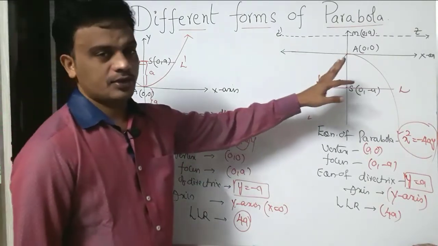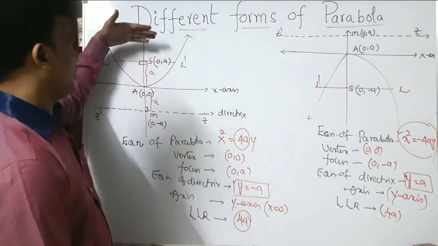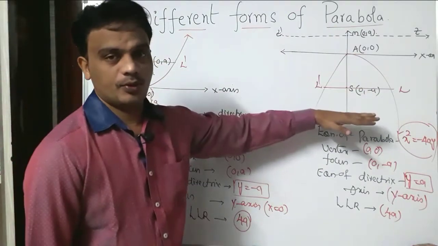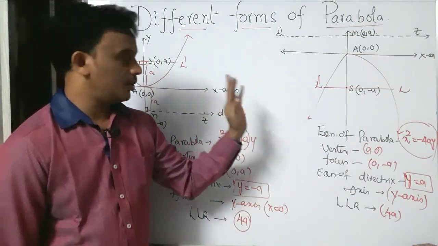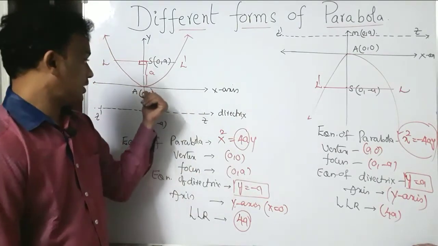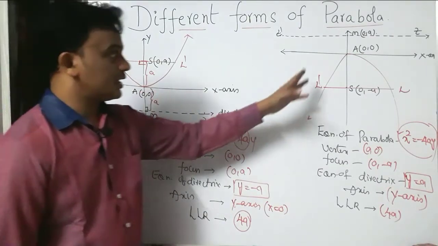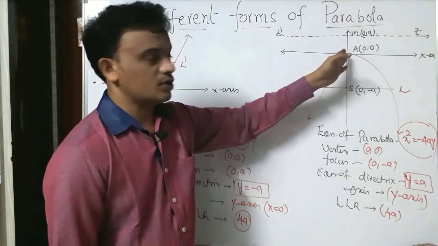The standard forms are right-handed side open, left-handed side open, upward parabola and downward parabola. These four are all the forms of the parabola whose vertex is 0, 0, passing through the origin.